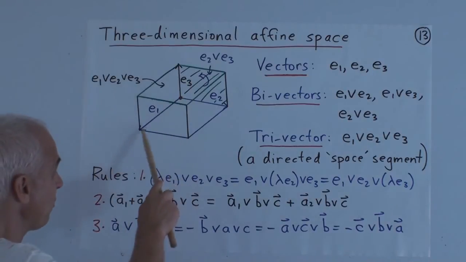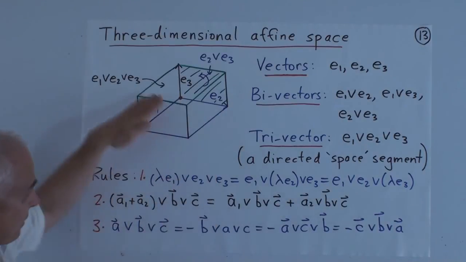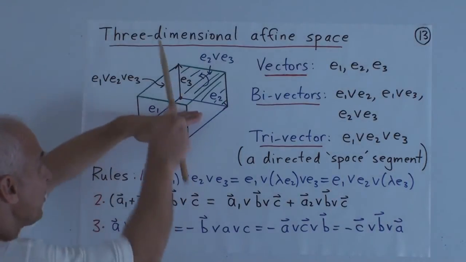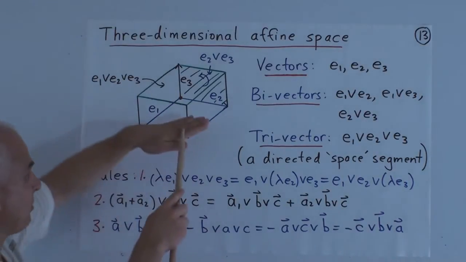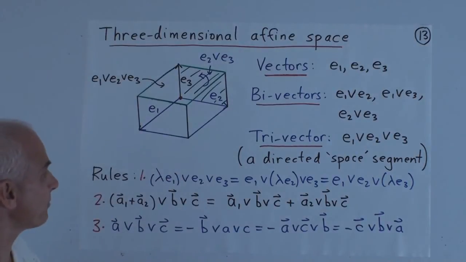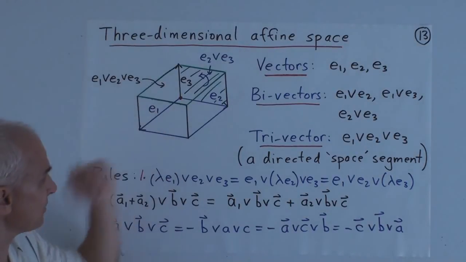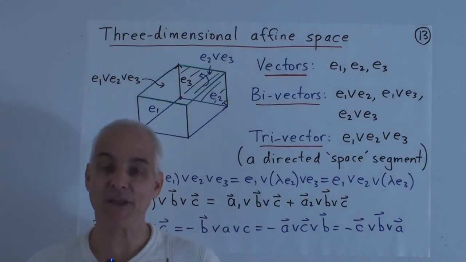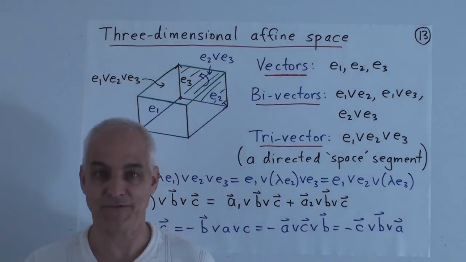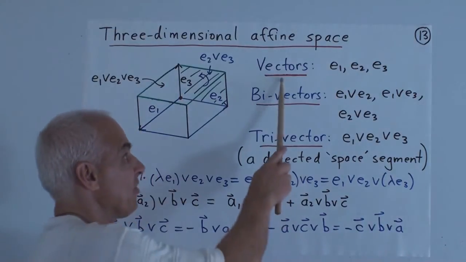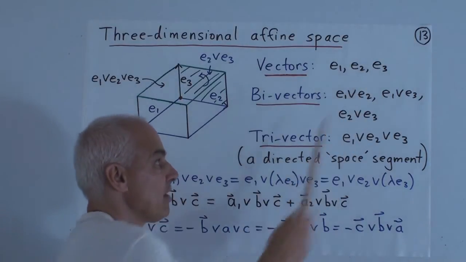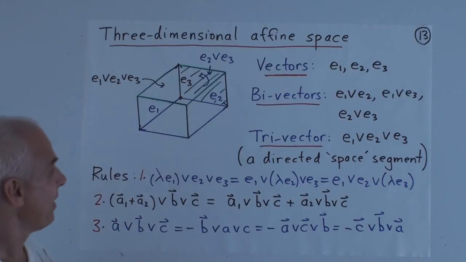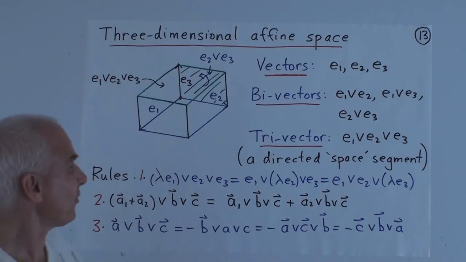You've got one vector E1, one vector E2. You think of that as representing a horizontal plane. And then you have some third direction, E3, which we can think of as the up direction. Now in this kind of situation, just with these 3 vectors, there are 3 different kinds of geometrical objects floating around. There are the vectors themselves, E1, E2, E3. And now there are bivectors. And there are different kinds of bivectors.